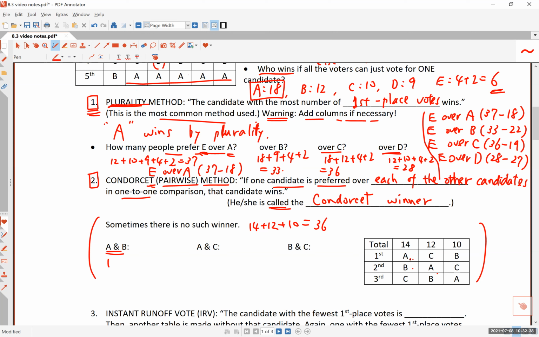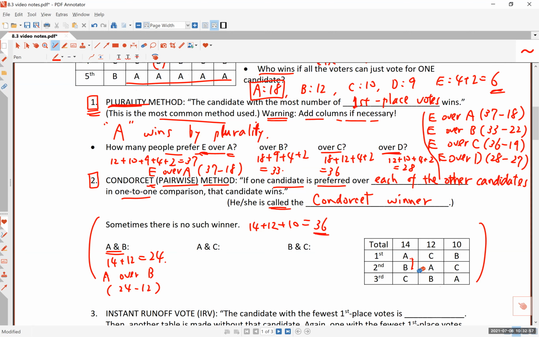So A is preferred over B in these 2 columns. That's 14 plus 12, that's 24. Okay, so A is over B by the score of 24 to 12. Remember, these 2 numbers have to add up to 36, right?